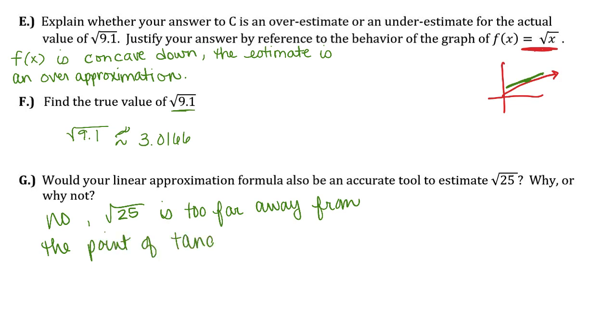Keep in mind that the point of tangency that we had was 9, 3. So this is looking at x to be 25, and that is way too far away from our x of 9. So it would not be. And really this is why it's called local linearity, because x equals 25 is not in the neighborhood of, or local to, 9.